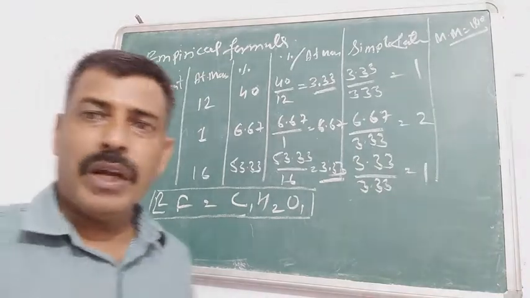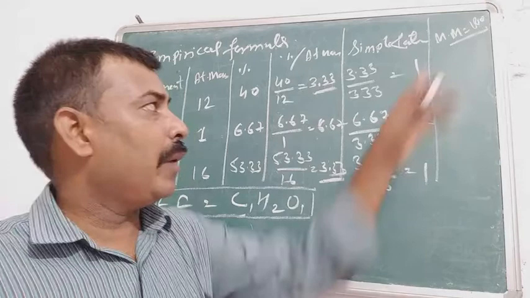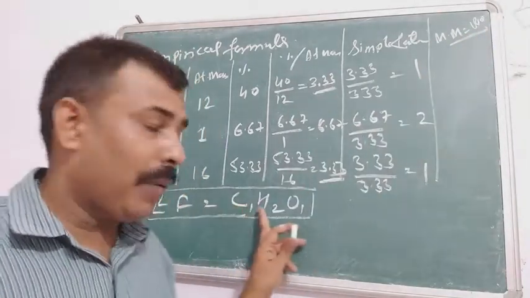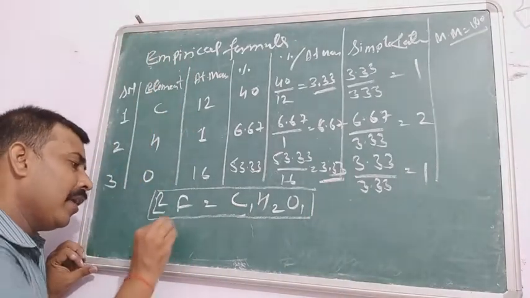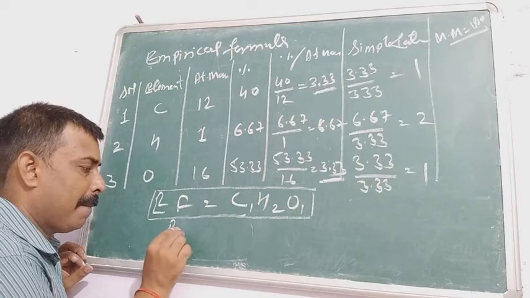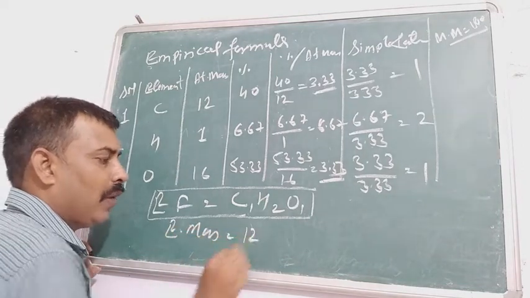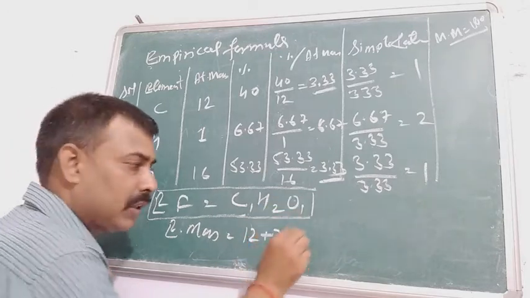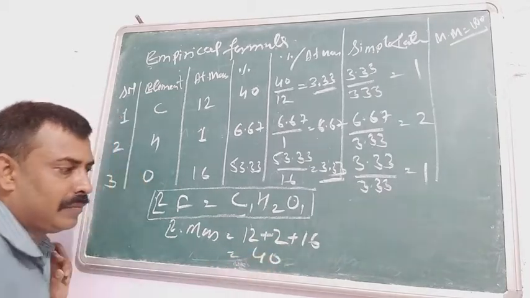Now we are trying to find the molecular formula. We have the molecular mass 180. We have the empirical formula CH2O. So we are trying to find the empirical mass, and that will be 12 plus 2 hydrogen 2 plus 1 oxygen 16, that is 40.